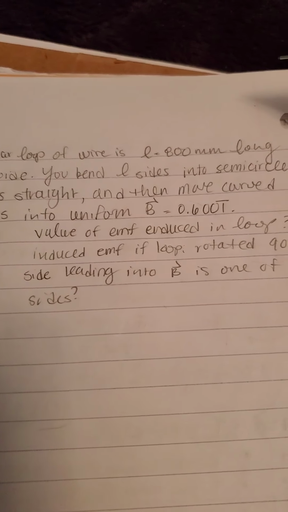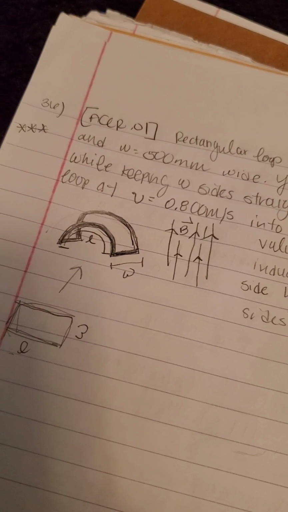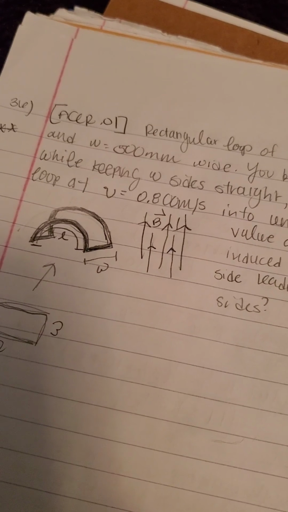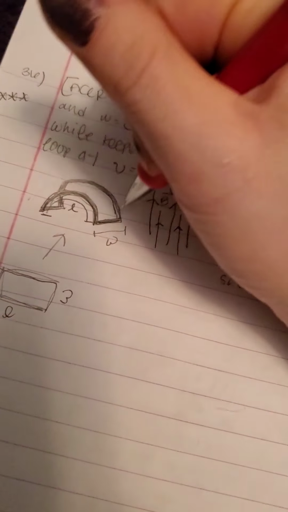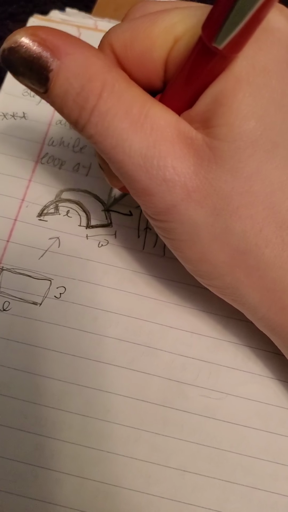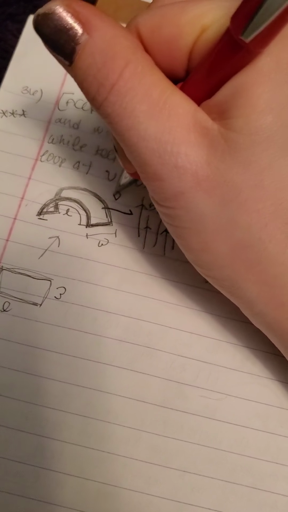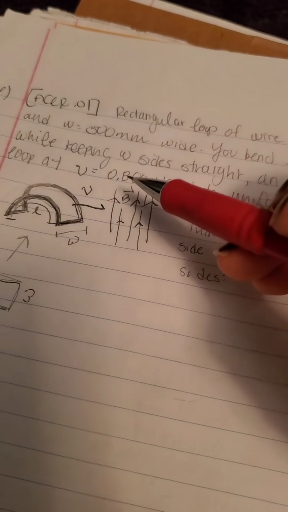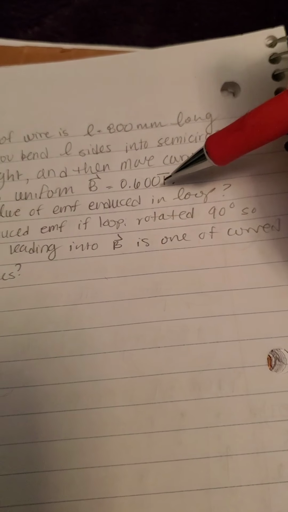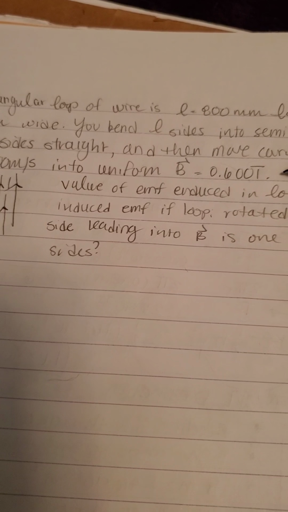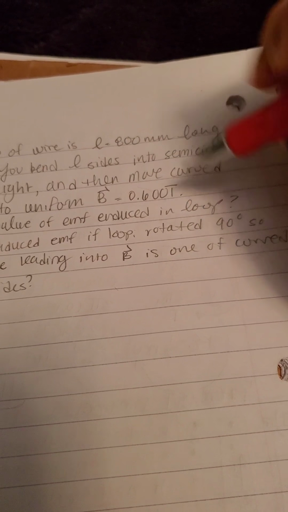And then we move this curved loop at 0.8 meters per second into our uniform magnetic field, which is 0.6 tesla.